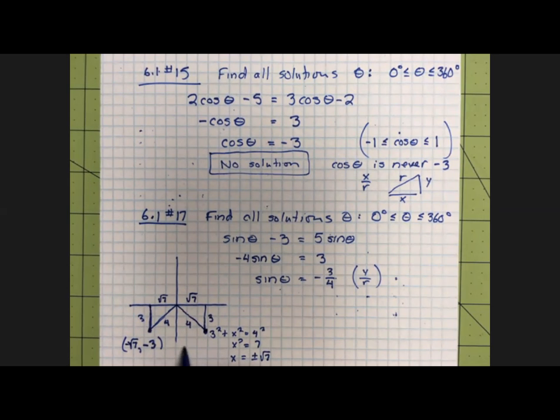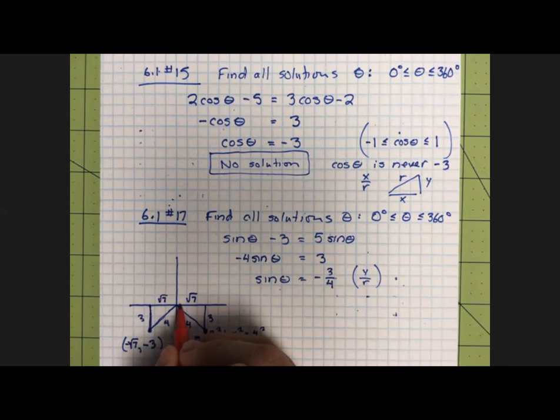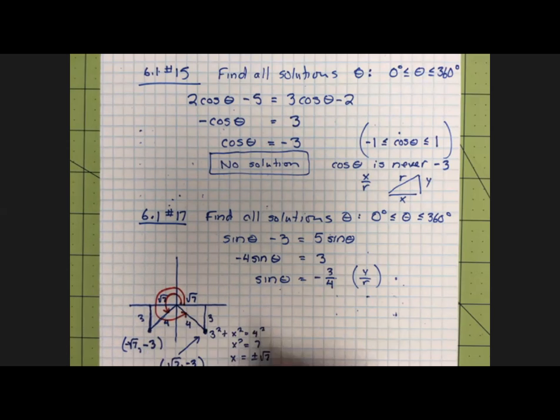But then the name of this point would be plus √7 and -3. So the √7 was irrelevant. Both of these angles have the sine of -3/4. And just to see what both of the angles mean, I mean the angle that starts on the x-axis and swings past 180, and then this angle that starts on the x-axis and swings nearly all the way around.